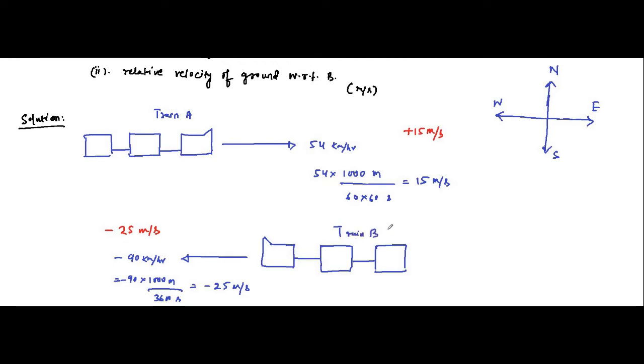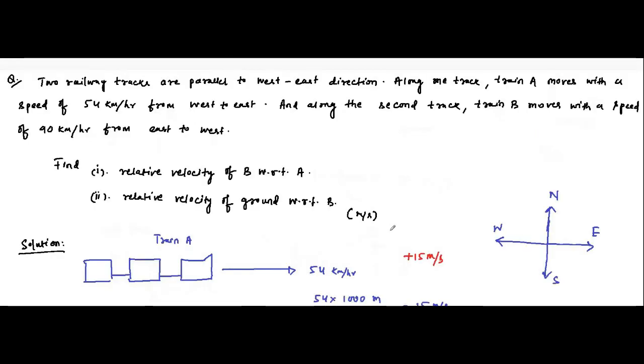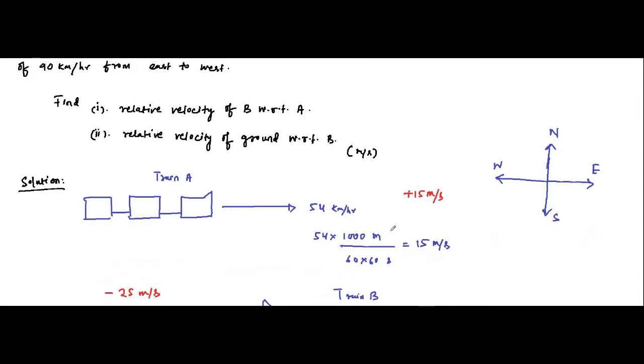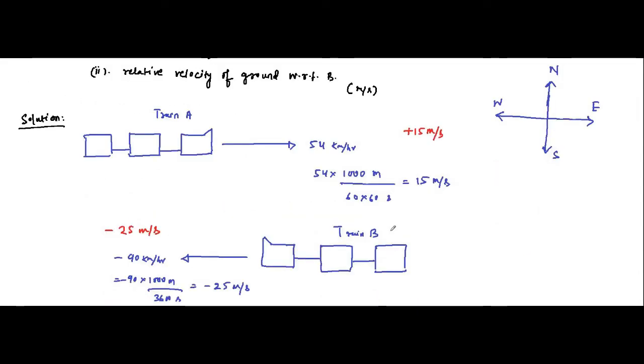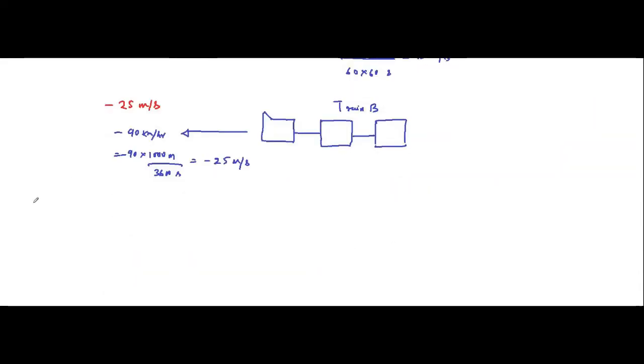Okay, so now the first part of the question is to find the relative velocity of train B with respect to A. Now if you remember, the basic format of relative velocity, which I've already explained. Relative velocity is always expressed in this notation. What is the meaning of this notation?